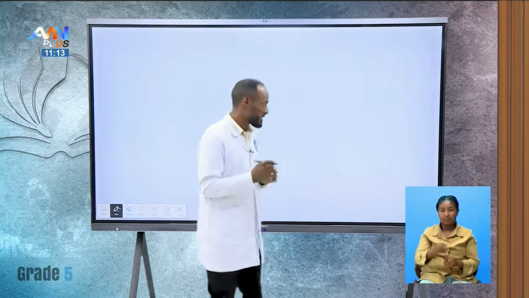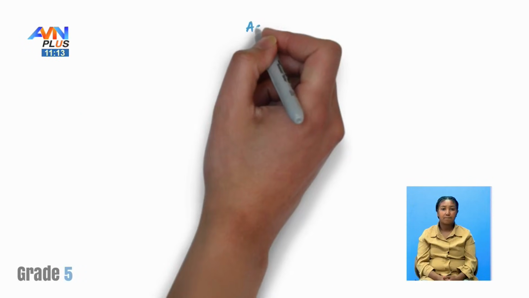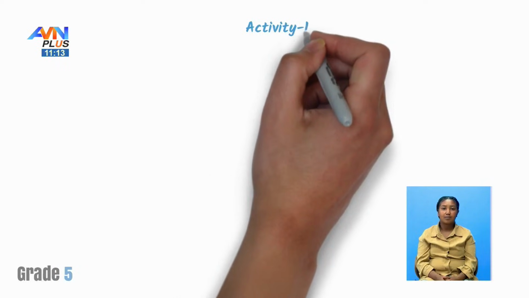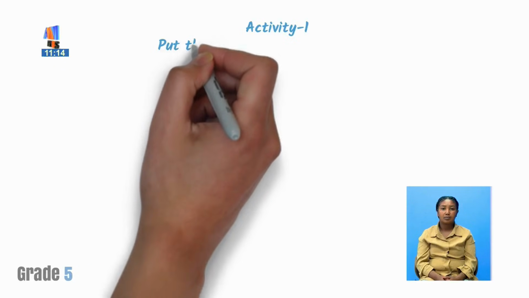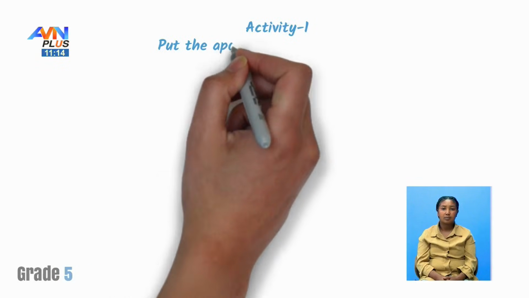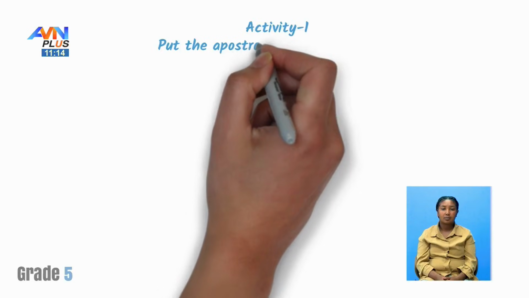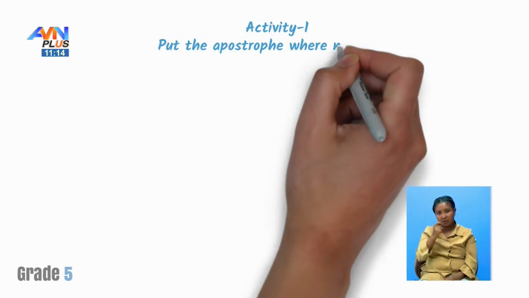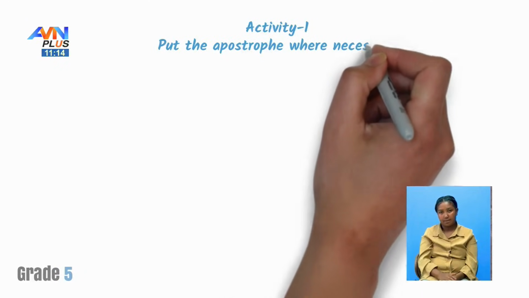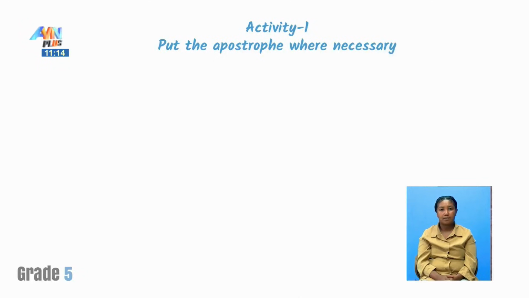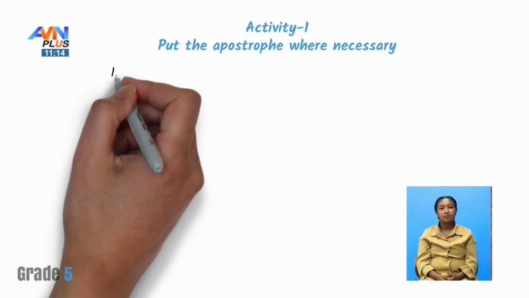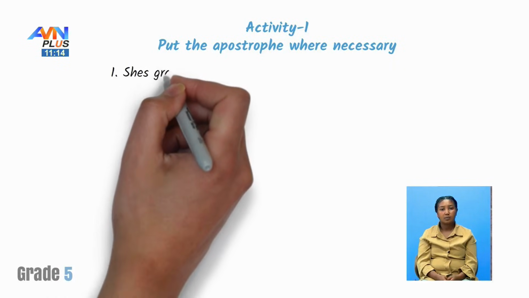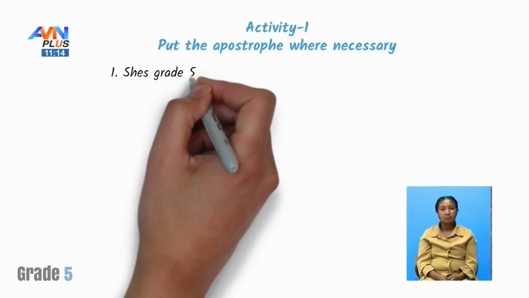Now I give you an activity which should be done within 1 minute. Is it clear? Okay, activity 1. Put the apostrophe where necessary. Number 1: She is grade 5 student.